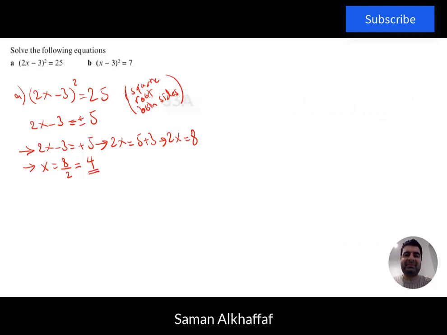So that would be the first part, and these are the steps.